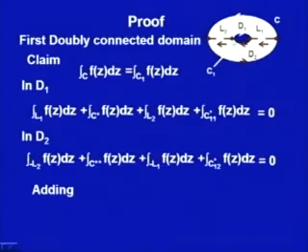Since f(z) is analytic in a simply connected domain, we know that the integral is independent of path, so the integral along L2 and minus L2 are negative of each other, since reversal gives the negative. So L1 and minus L1, and L2 and minus L2, cancel out. Then there are C star and C double star. C star is this oriented curve and C double star is this oriented curve.